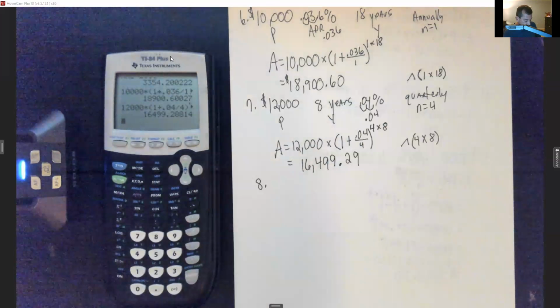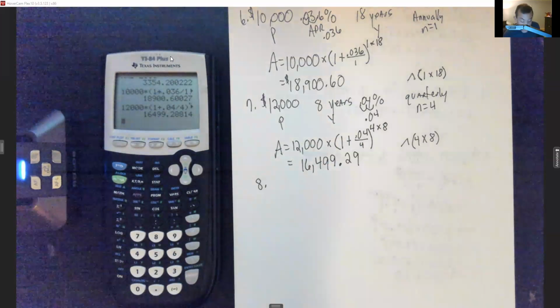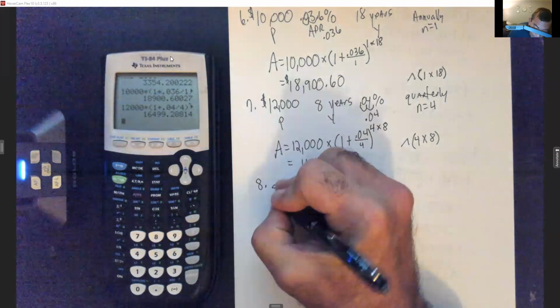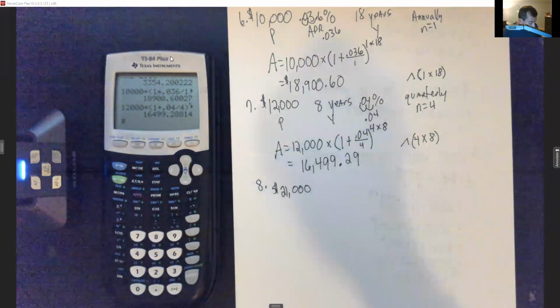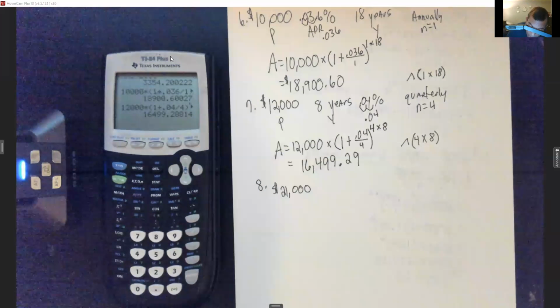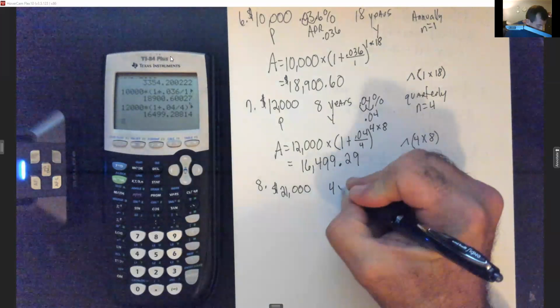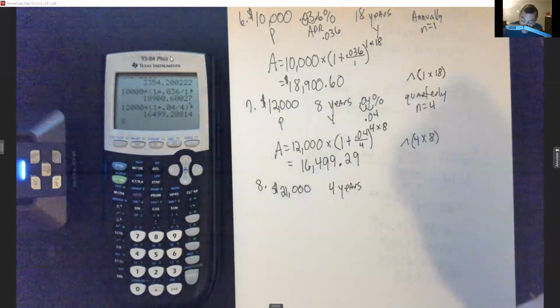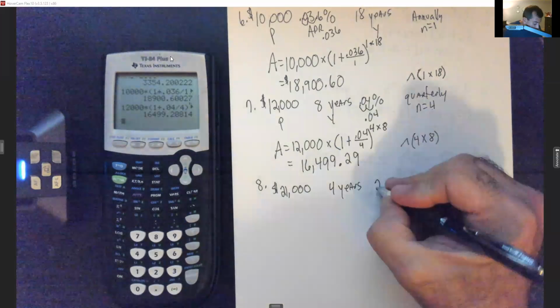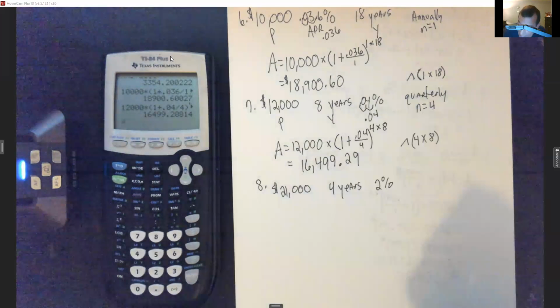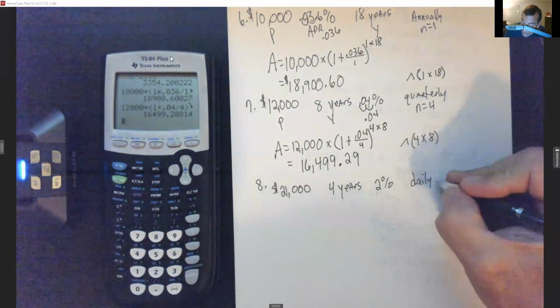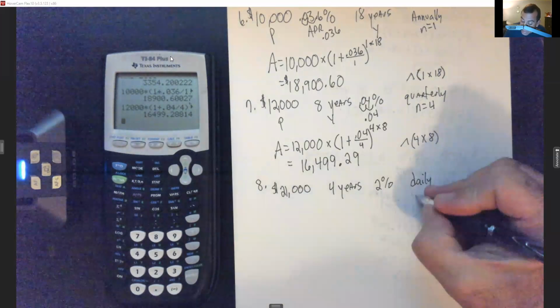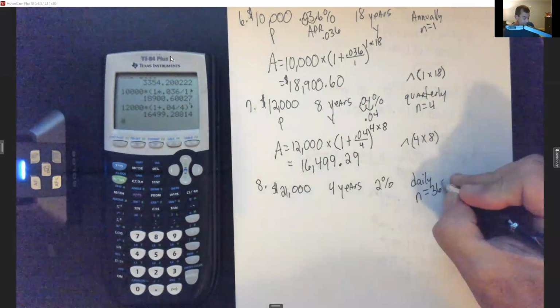All right, let's see. Oh, wow, y'all, check this out. $21,000 invested for 4 years. APR of 2%. Daily compounding. Daily means N is going to be 365.